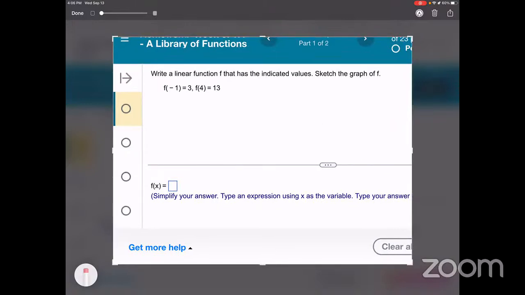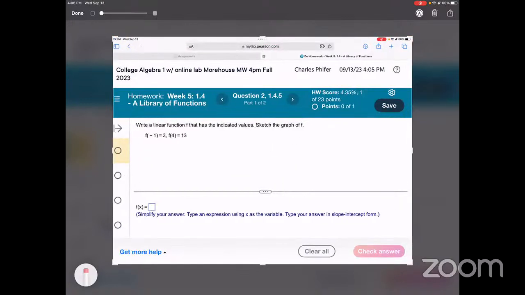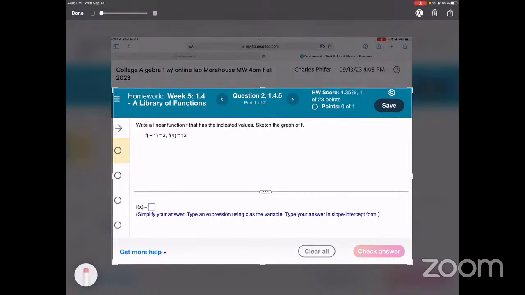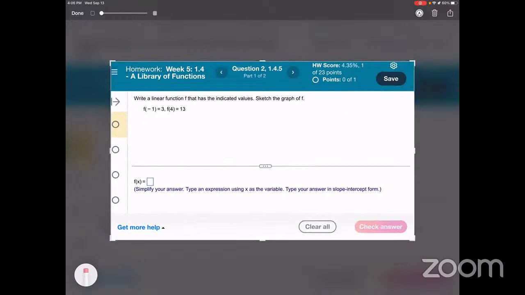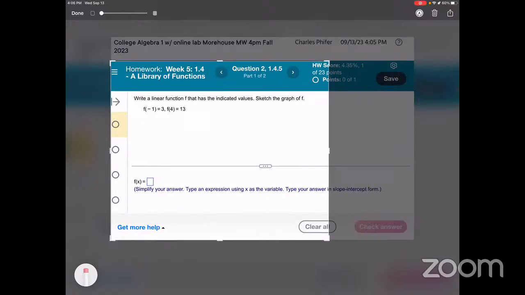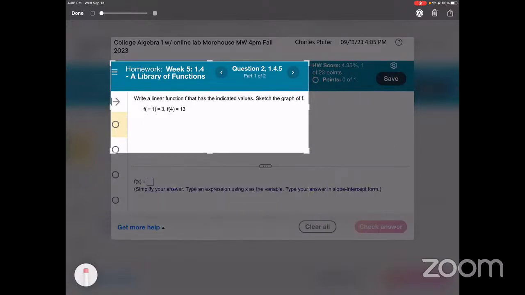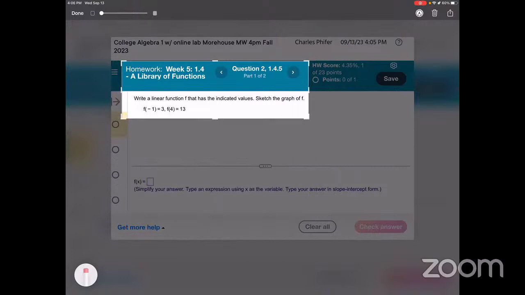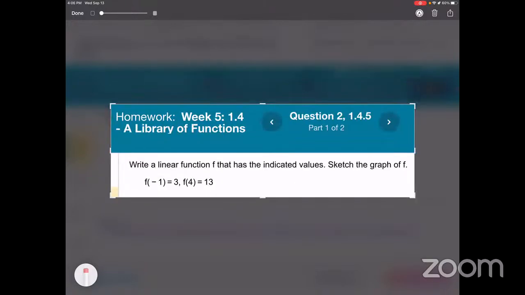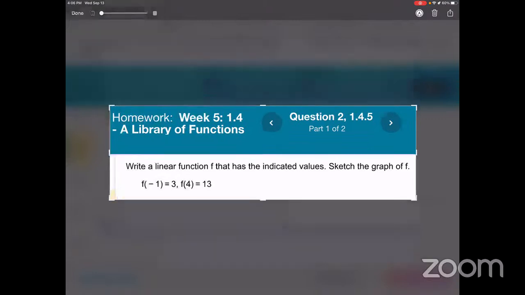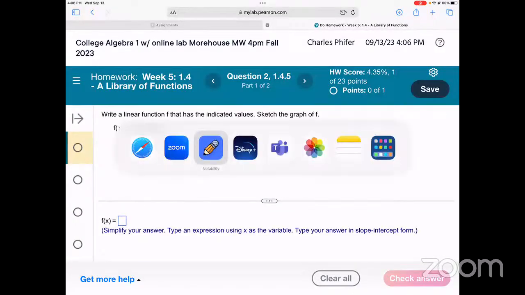There we go. Let's try this again. Let's copy and delete. And paste.